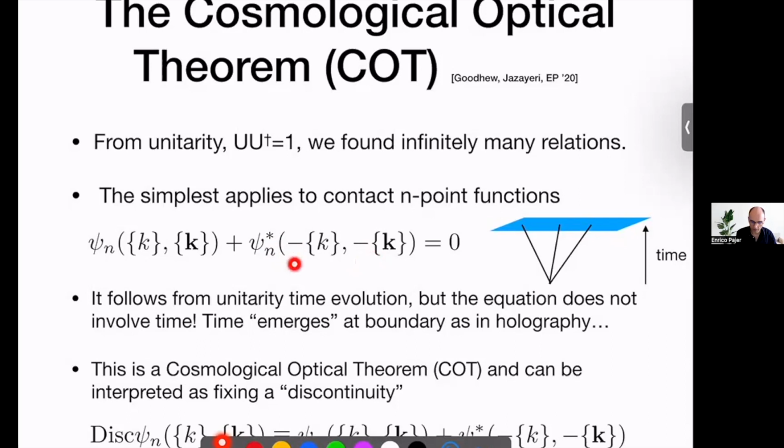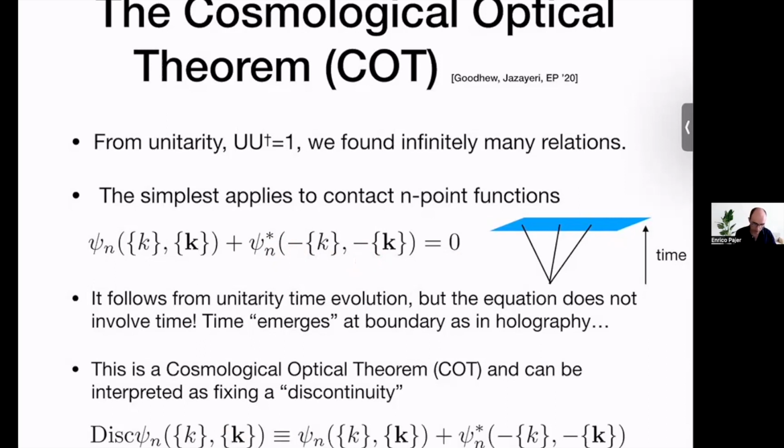Okay, that's a funny thing to do because the norm of a vector is positive, but that's the statement. If you do this analytic continuation, that's 0 for all possible interactions. This is how unitarity emerges in this simple context.